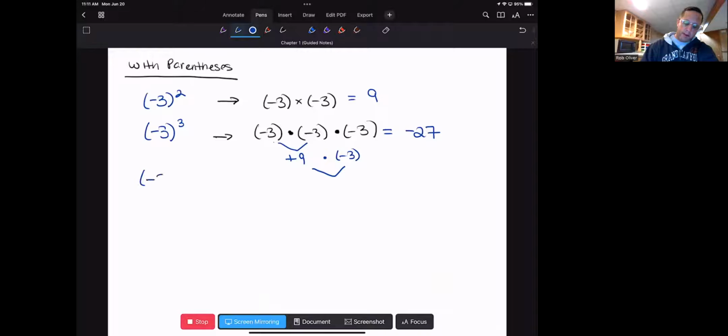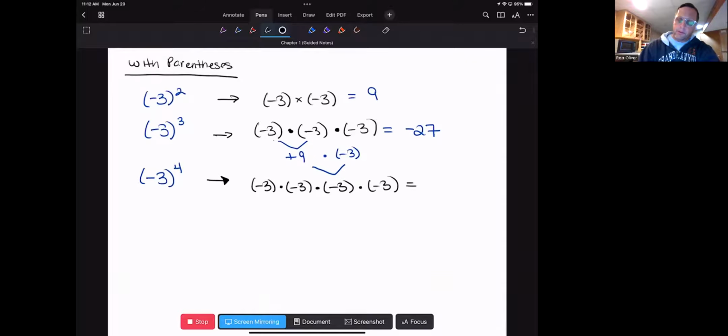Let's keep going. We do (-3) to the fourth power. Notice every one of these examples so far has the base in parentheses, -3, and the exponent outside the parentheses. Expanding that out, that means -3 times -3 times -3 times -3.